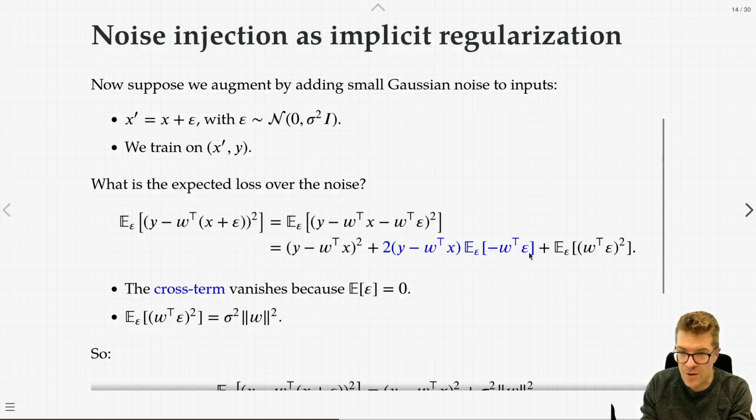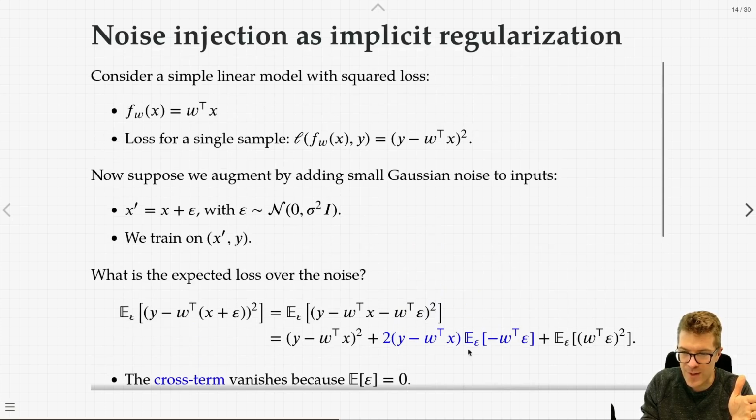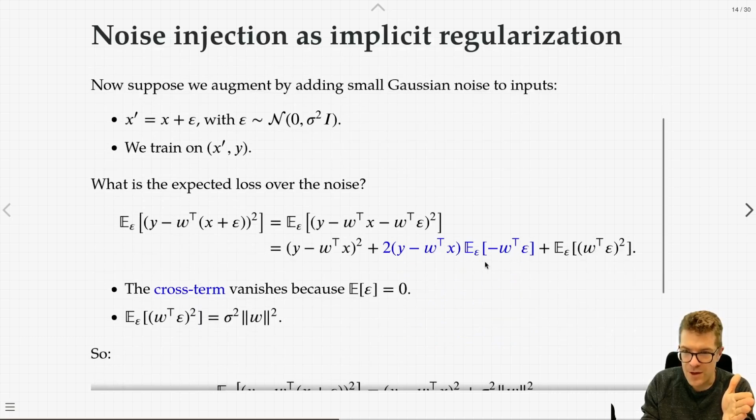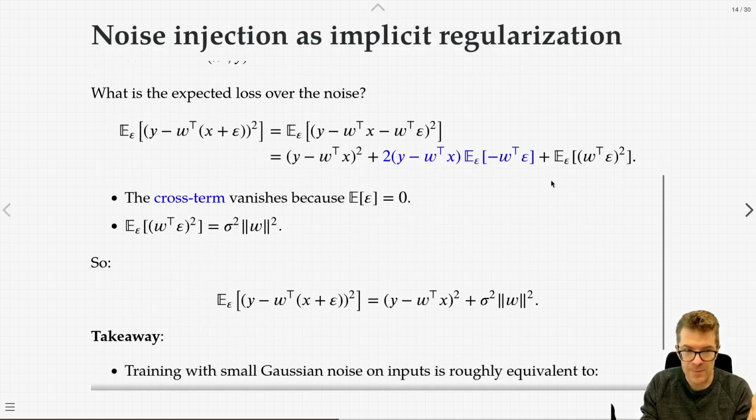It's left as an exercise if you want to go from this expectation to the line over here. This cross term will go to zero because the expected value of epsilon, as we've defined it, is zero. The average of the noise we're adding is zero, so the expected value of this little factor goes to zero. This entire central term therefore goes to zero also.